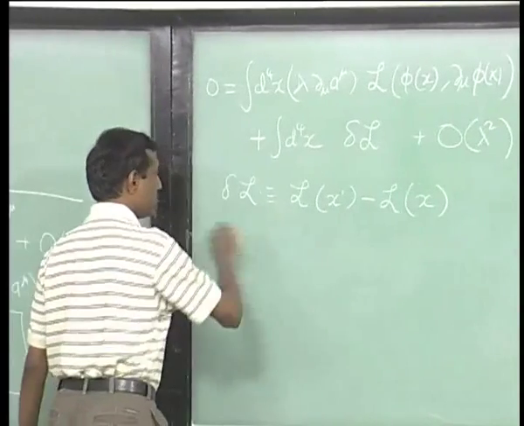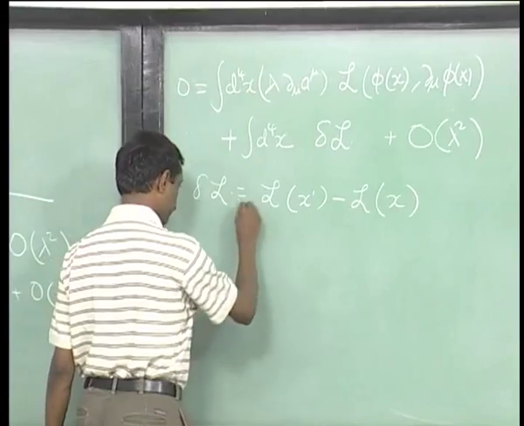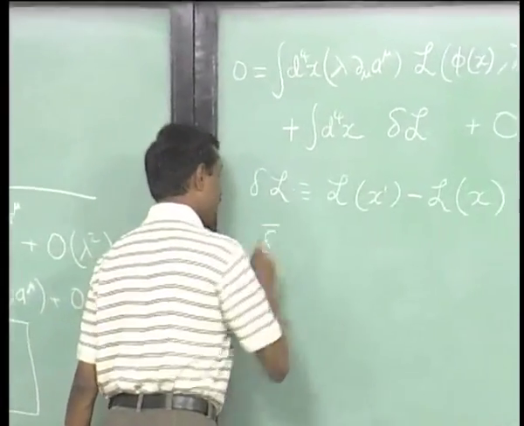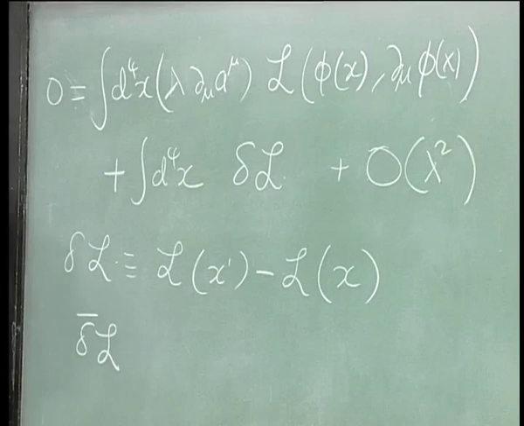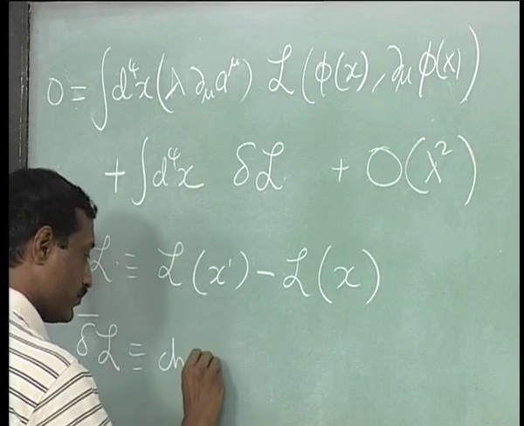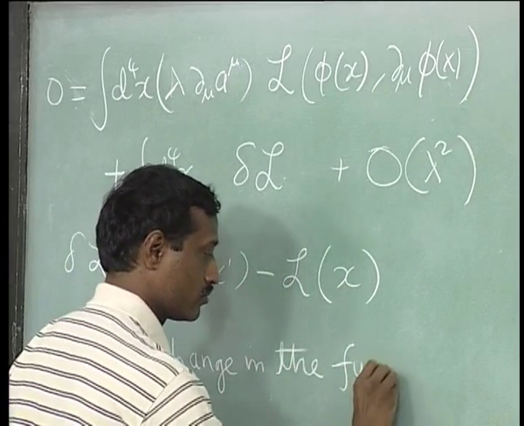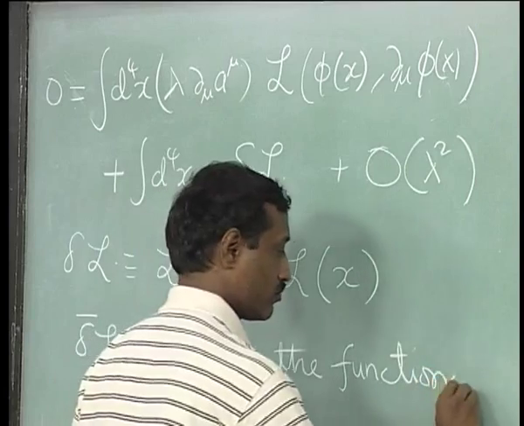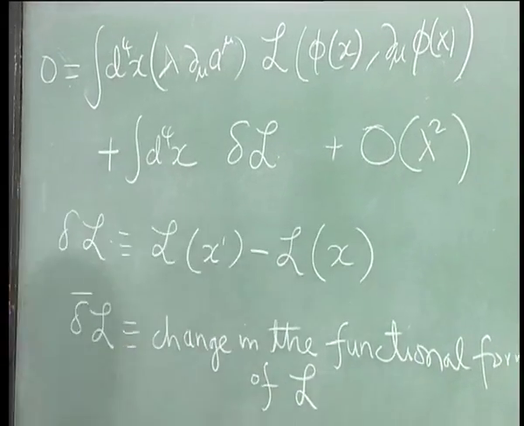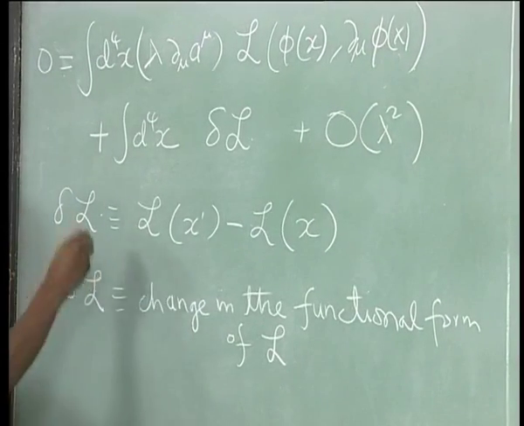But we have already seen something: since L is a scalar, we introduced delta bar of L, which was the change in the functional form. So that is not this object, but we had proved something.